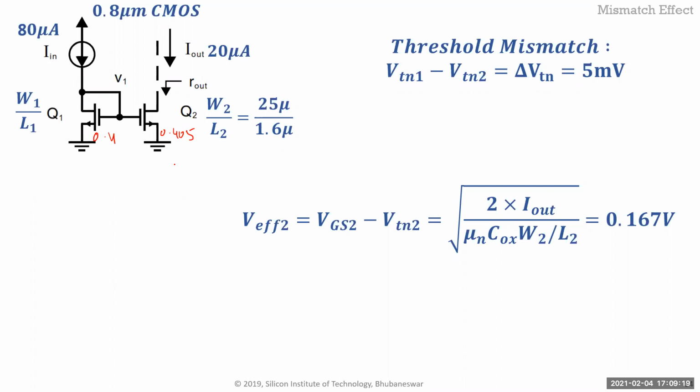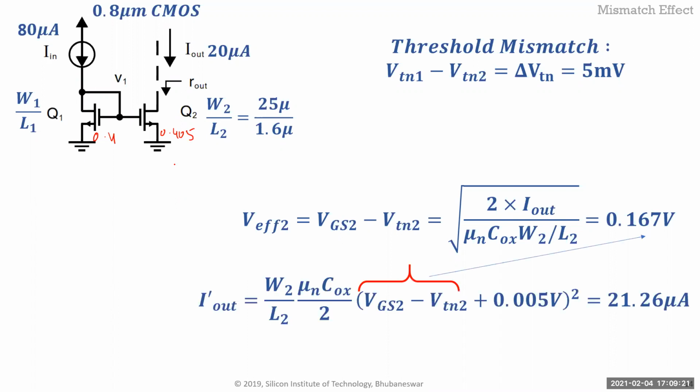So the effects are always huge when they're doing gate. So if you do that, you'll see that what is the unit current? Okay, yeah. So instead of 20 microamp, you're getting 21.26, which is, sorry, 1.26. So what is it? 1% is 2. So no, 10% is 2, right? So close to 10%. I mean, 5%. 5% is a huge error.